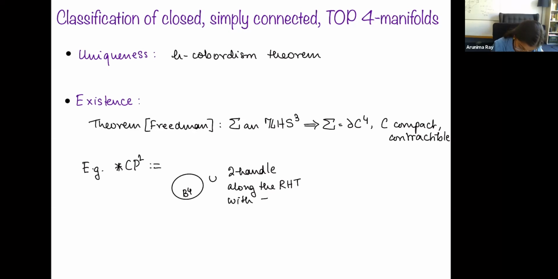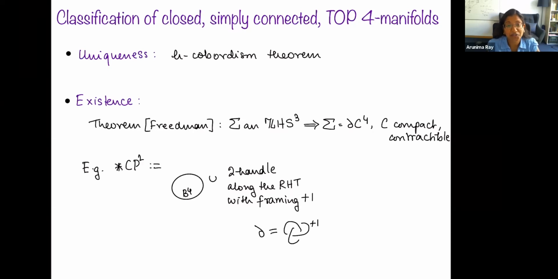Let's say plus 1. And then the boundary of this thing that I've constructed so far, this boundary looks like, oh, that's the wrong trefoil. This boundary looks like this.